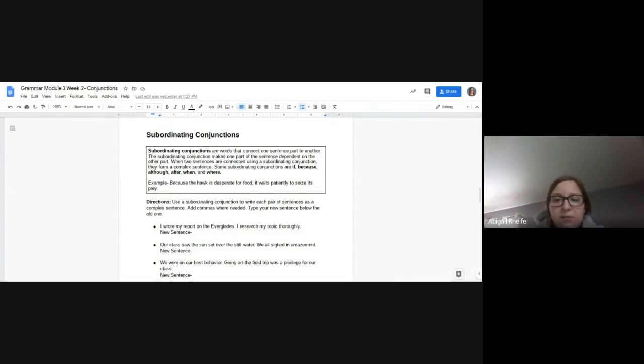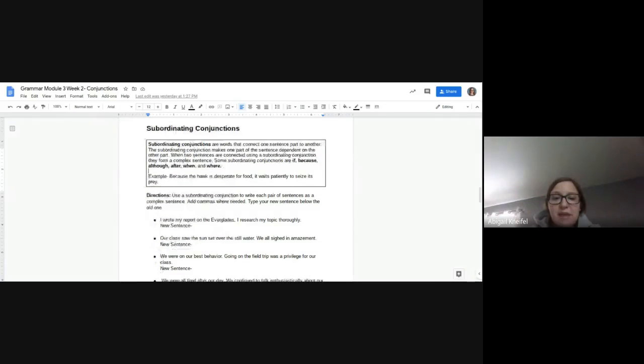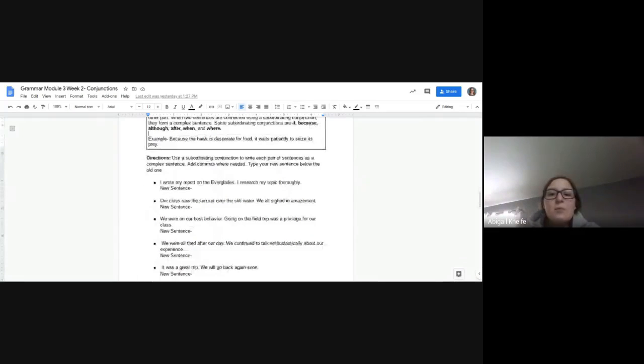So the subordinating conjunction is because. If we didn't have the word because, it would just be the hawk is desperate for food. It waits patiently to seize its prey. But we added that subordinating conjunction there. I keep on saying that word wrong. I apologize. So the directions for the 5 things on this page say, use a subordinating conjunction to write a pair of sentences as a complex sentence. Use a comma where it's needed. Type your new sentence below the old one.